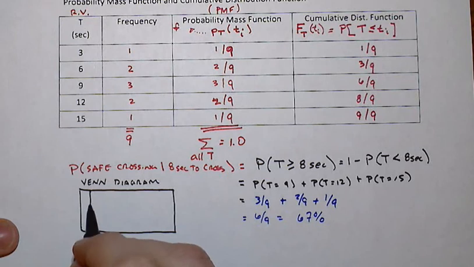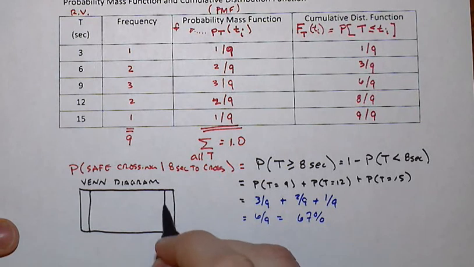And so our Venn diagram is broken up into 5 different events.